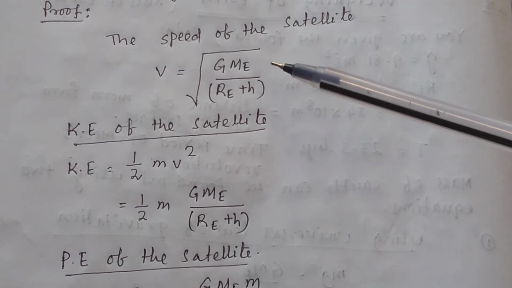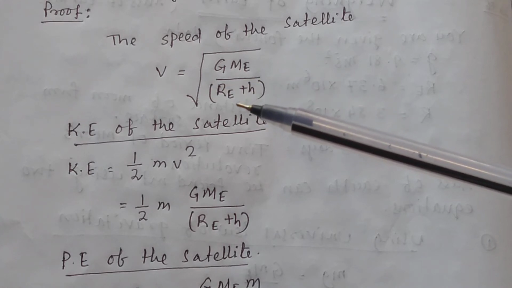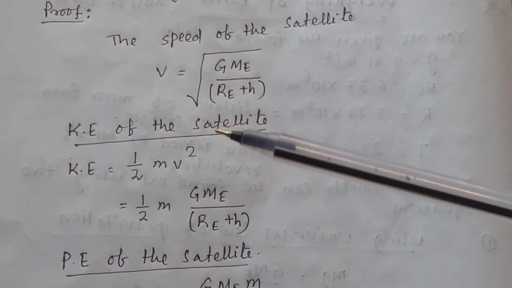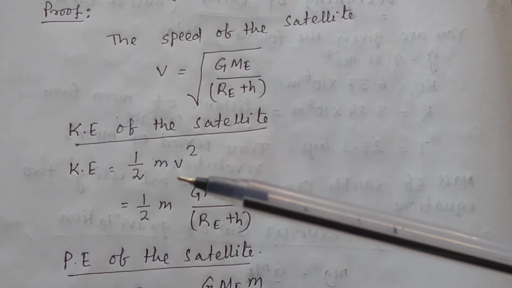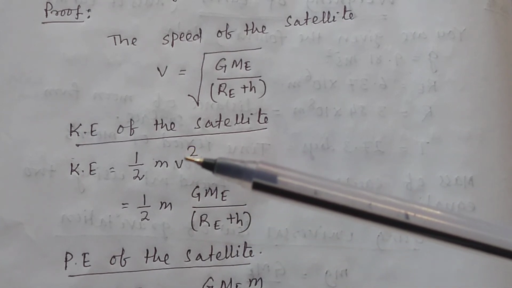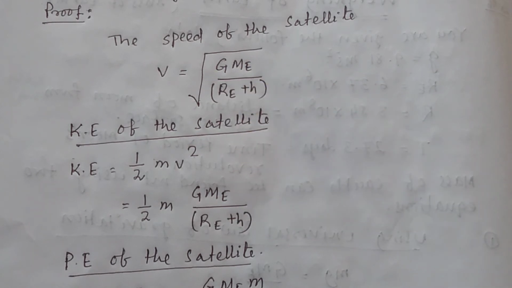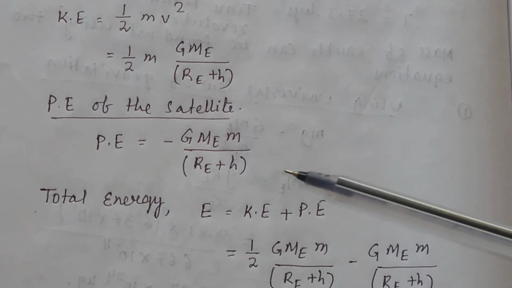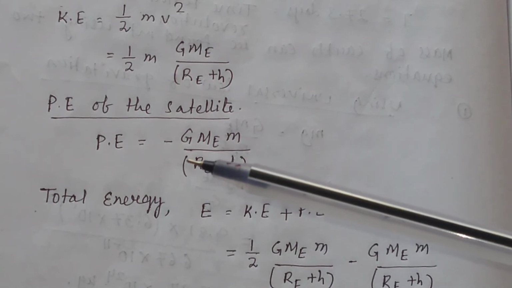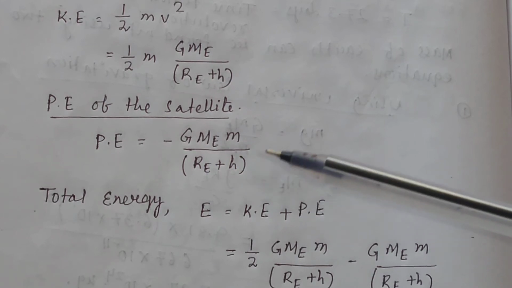From equation 3, we have found the speed of the satellite V equal to the square root of GME divided by RE plus H. The kinetic energy of the satellite is half mv square, that is half into m into GME divided by RE plus H. And the potential energy of the satellite is minus GME into m divided by RE plus H.